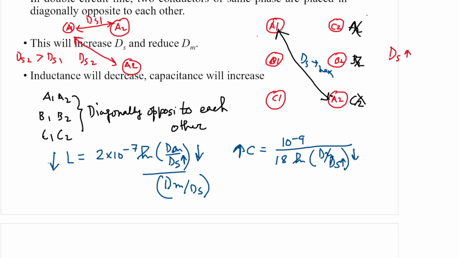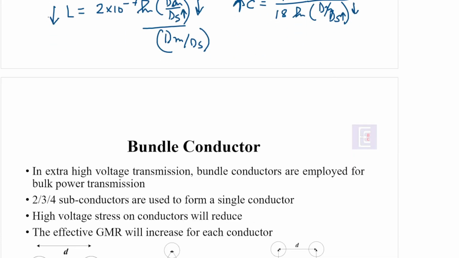So if we can achieve maximum ds, what will be happening? This dm by ds ratio will go down.